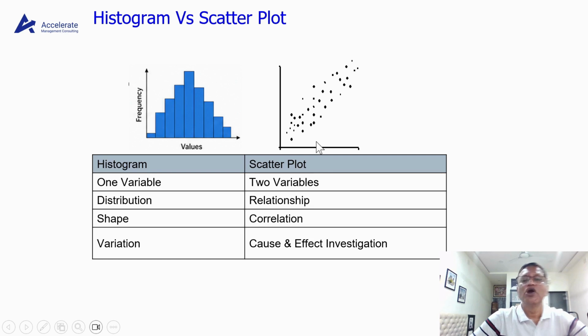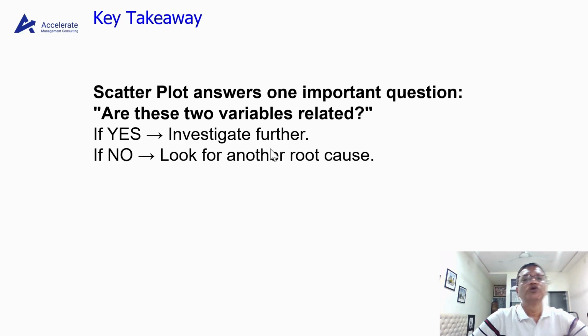It is a cause and effect investigation, not a variation investigation. So in a nutshell, a scatter plot answers one important question: are the two variables related? If yes, we need to investigate further. If no, then look for another root cause.